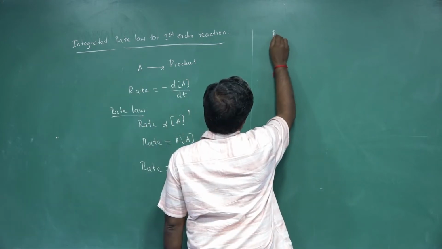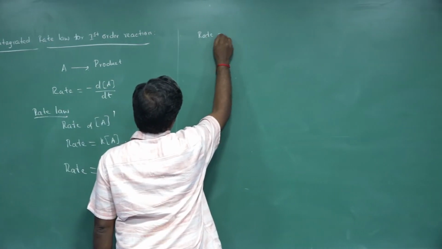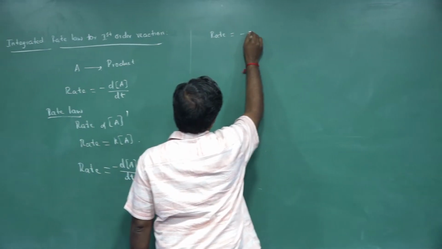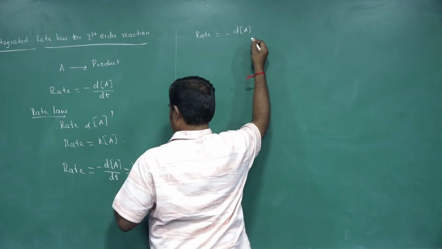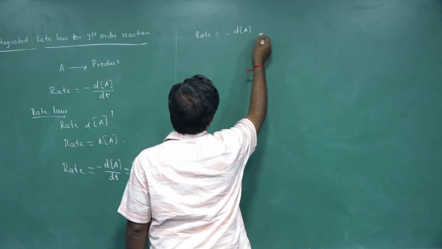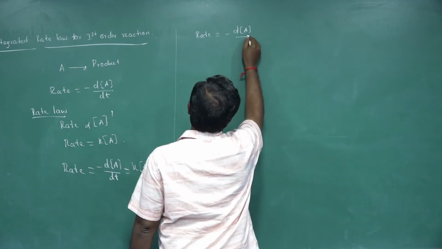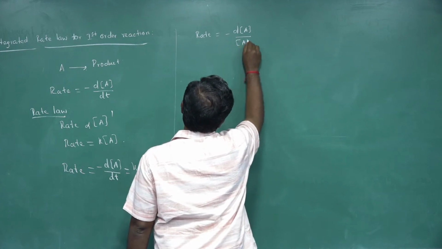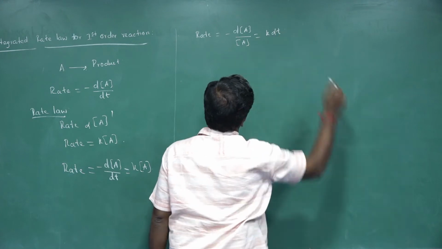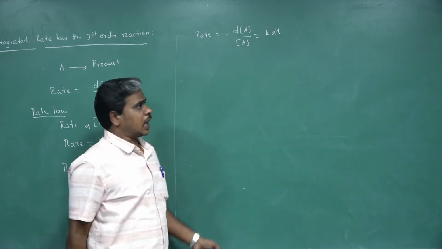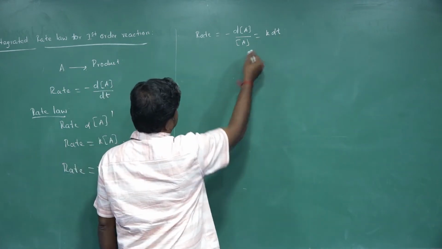Minus d concentration of A divided by concentration of A is equal to K dt. Now we integrate both sides.